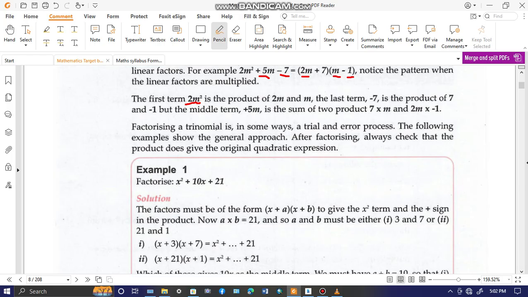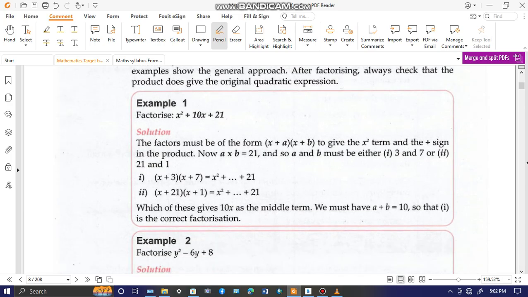For example, you have an example here to factorize x squared plus 10x plus 21. To factorize this expression, we are supposed to create two brackets, both of which will look like x plus a, x plus b, to give the term of x squared and the plus sign in the product.